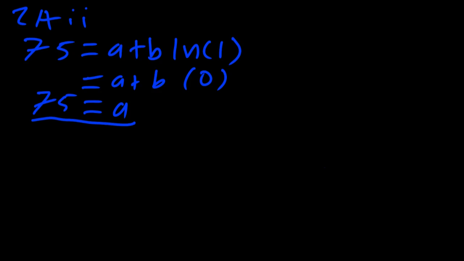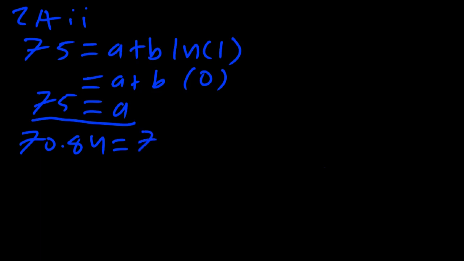So now let's find b. We can use the second equation to find b. So our second equation was 70.84 is equal to a, or excuse me, we know what a is.